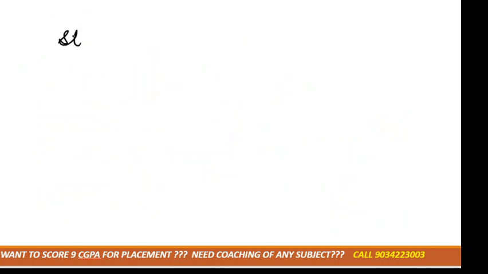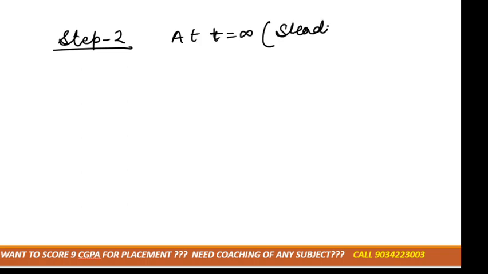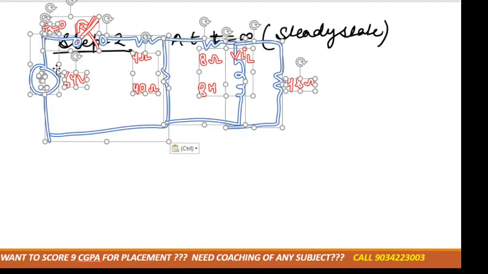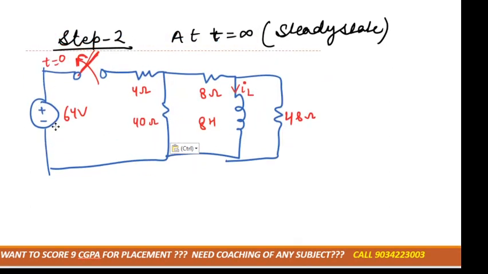Next is step number 2, at t equal to infinity. This is also the condition of steady state, and in steady state inductor will behave as an open circuit or short circuit? Open circuit, right?